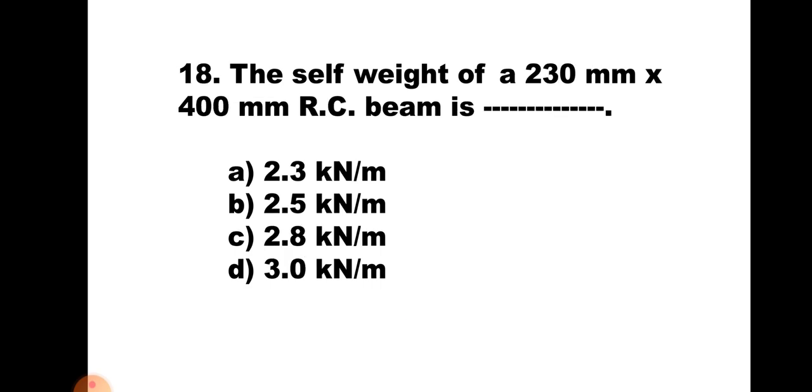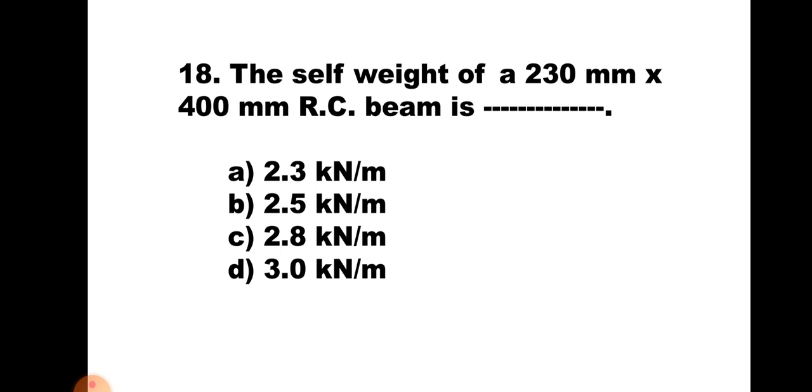Question number 18. The self weight of a 230 mm by 400 mm RCC beam is A, 2.3 kilonewton per meter, B, 2.5 kilonewton per meter, C, 2.8 kilonewton per meter, and D, 3 kilonewton per meter. Here also it is unit weight into cross sectional area, that will be the weight in Newton per meter or kilonewton per meter.